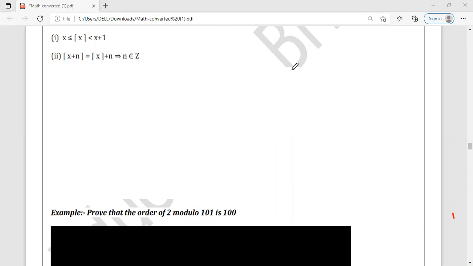Okay, now let me show you how to actually approach this type of problem. You have to prove that the order of 2 modulo 101 is 100. So how to do that? The first thing, Bhanam, you told the first step. Yes, it is obvious, but you have to prove it.